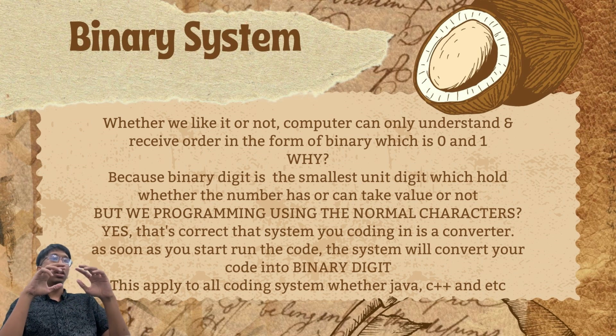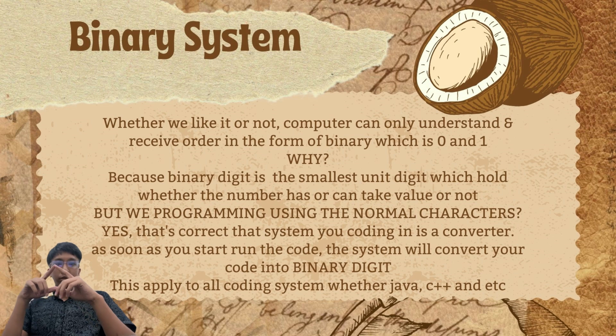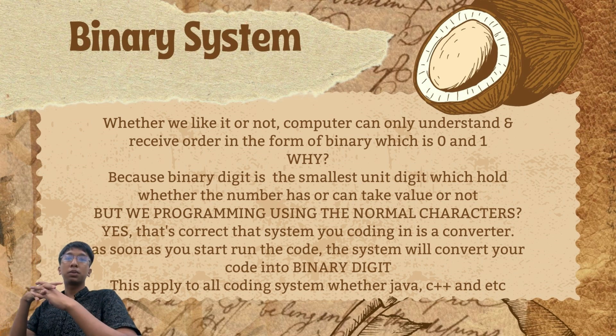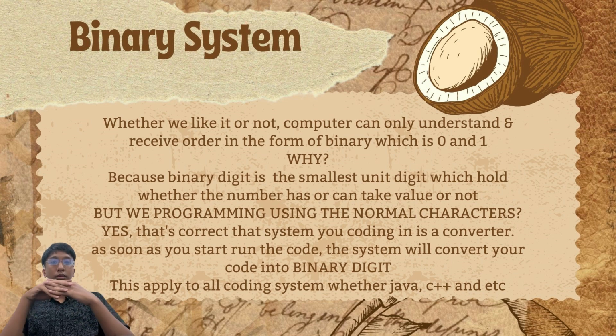It will convert the hello world into the binary system 0 and 1 for the computer to read and execute. This applies to all converter and coding systems, like Java, C++, Arduino. Alright, that's all for the binary system.